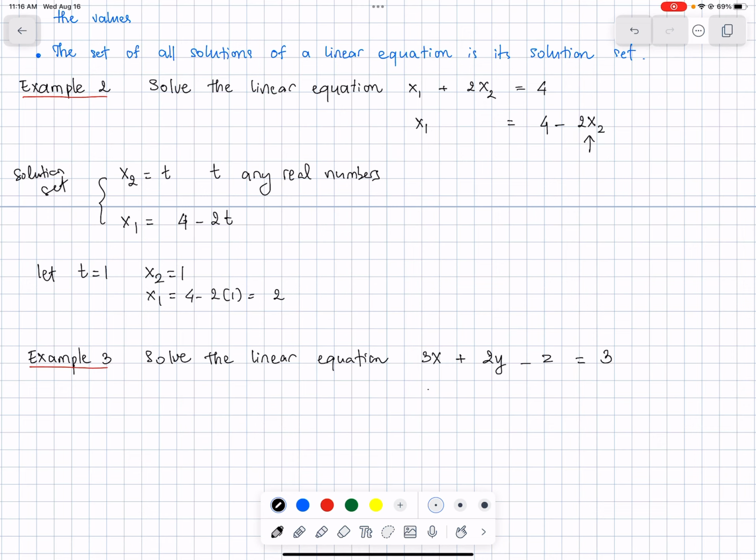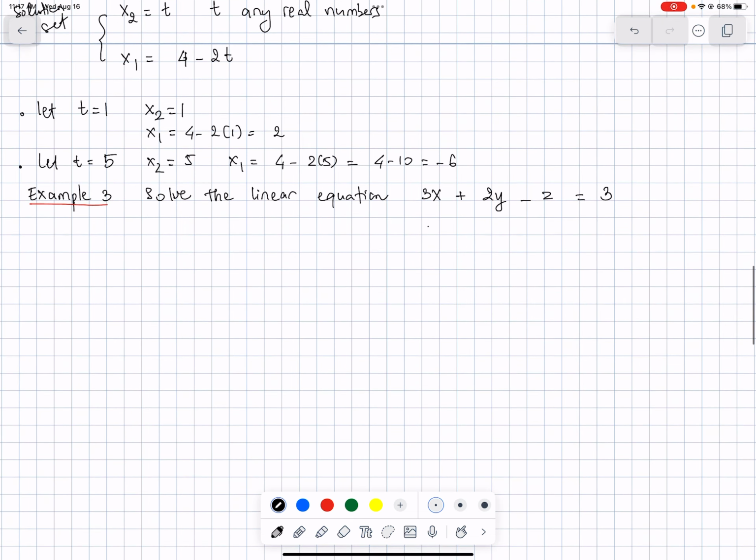So this is just one solution. Or you can let t be a different number, say 5. Then x2 is 5 and x1 is 4 minus 2 times 5, so 4 minus 10, which gives negative 6. So this is another solution.